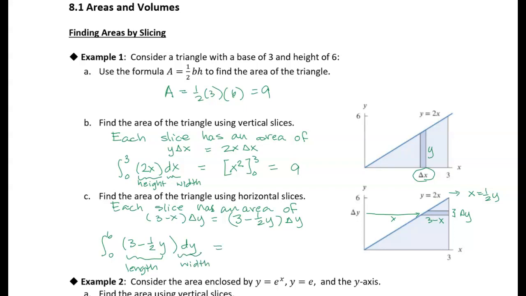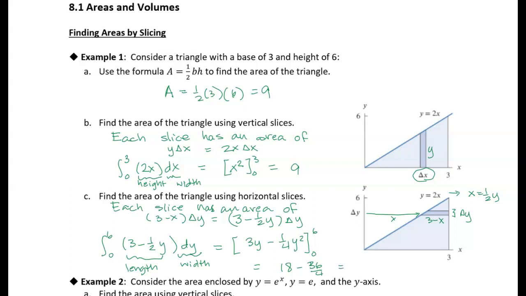All right, so let's integrate this function. We get 3y minus 1/4 y squared, because the integral of y is 1/2 y squared, but we already have a 1/2, so 1/2 times 1/2 gives you a 1/4. We evaluate that from 0 to 6. Plugging in, we get 3 times 6, which is 18, minus 1/4 of 36, which is 36 over 4, or 9.